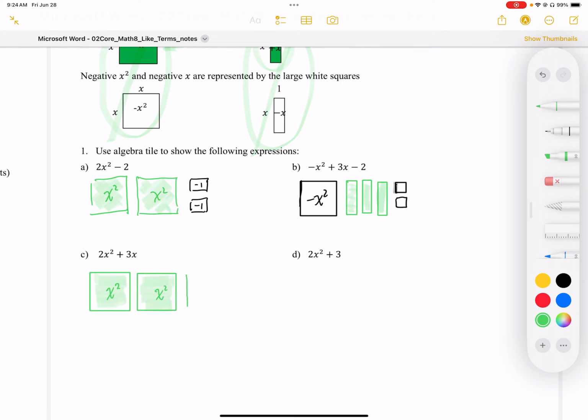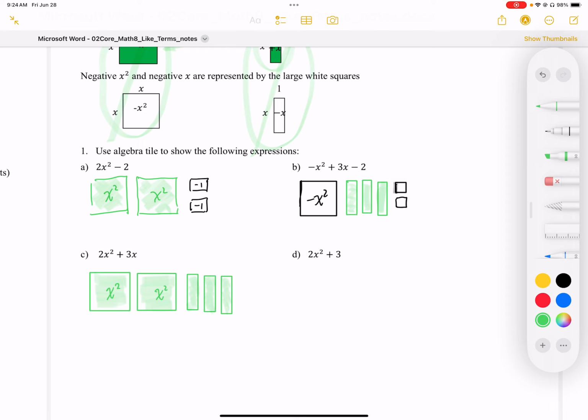I have +3x, so I'm going to have 3 rectangles, and I'm going to fill them in to indicate that they are positive tiles. Those tiles represent the expression 2x squared plus 3x.